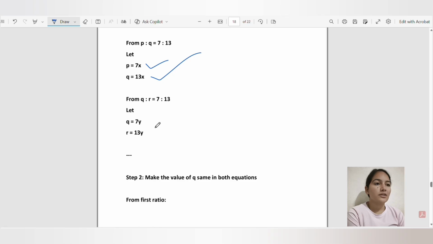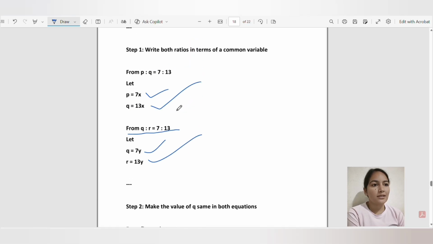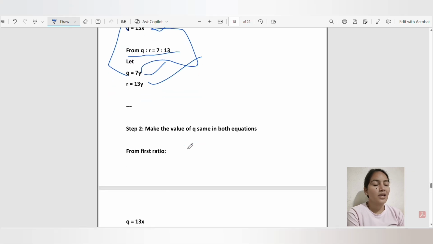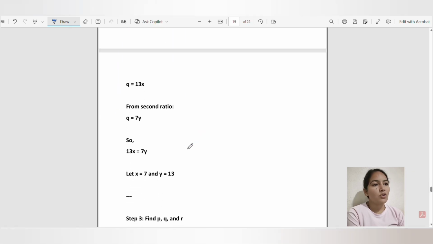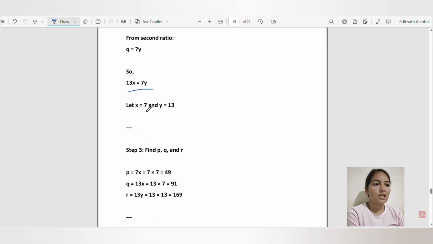Now from the second ratio, Q is equal to 7y and R is equal to 13y. Now there is a Q that is equal to 13x and also a Q that is equal to 7y. So we can equate these two, 13x and 7y.